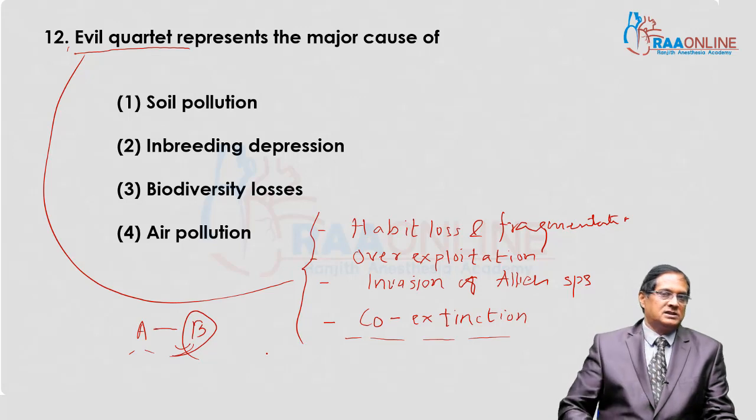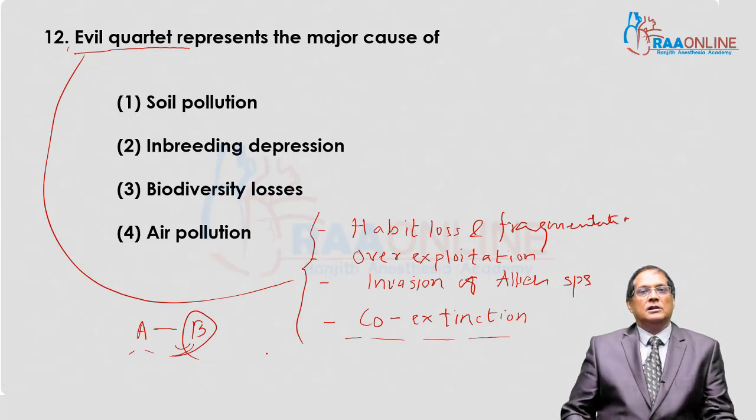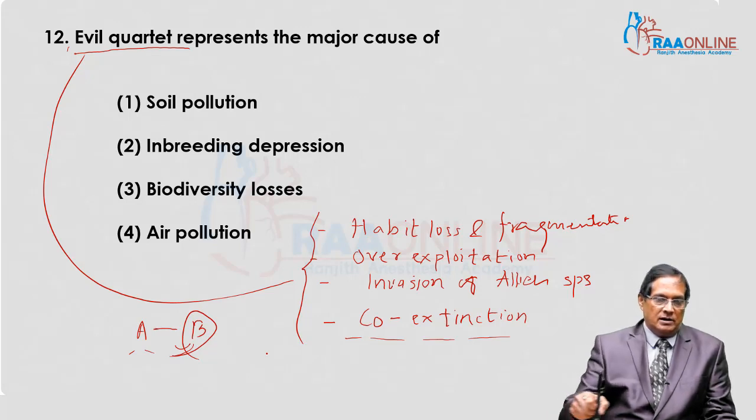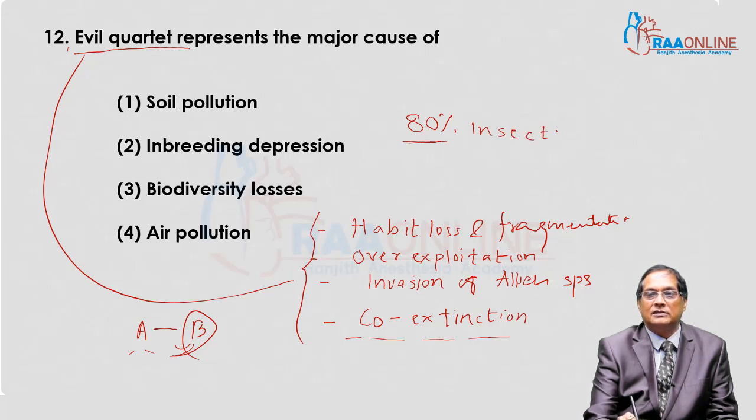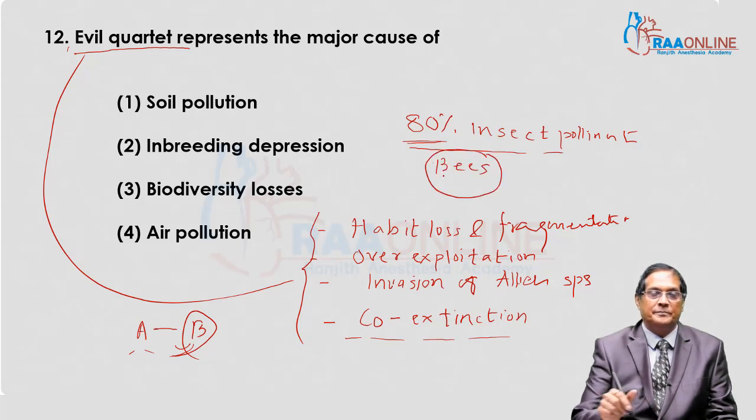And its best example is seen in pollinator and plant relationships. Bee is the pollinator of 80% of insect pollinated plants, the biggest pollinator actually.